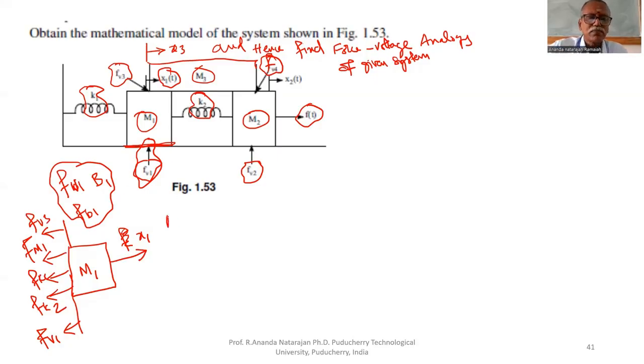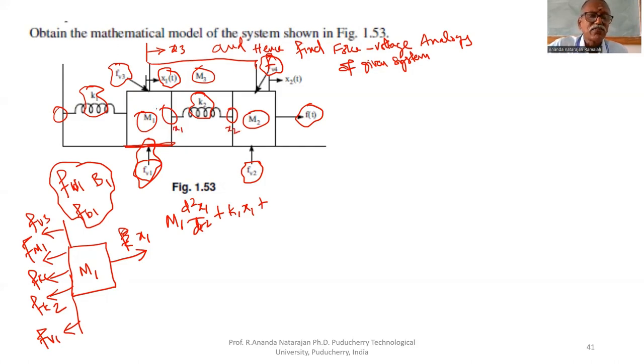Fm1 is m1 d square x1 by dt square plus fk1. One end is fixed, therefore k1 x1 plus k2, both ends are free. Displacement at this end is x1, displacement at this end is x2.